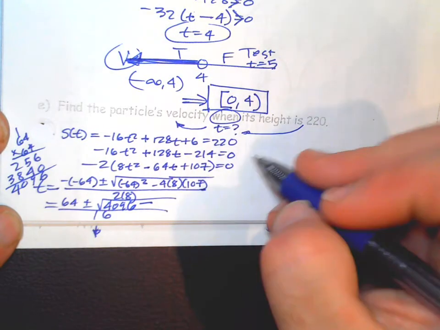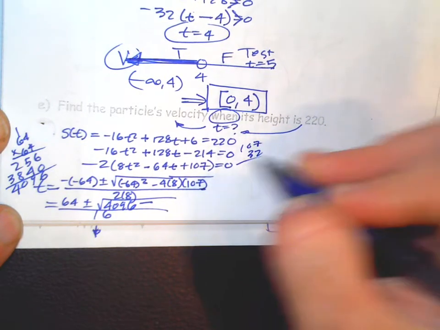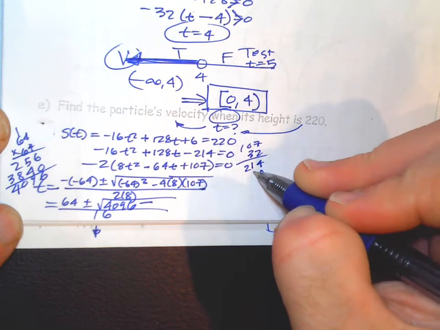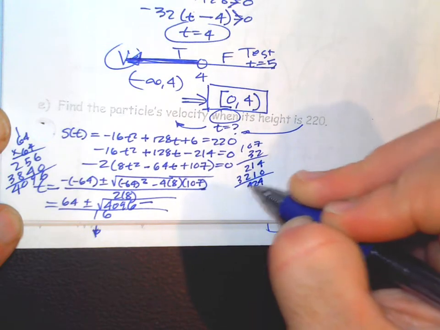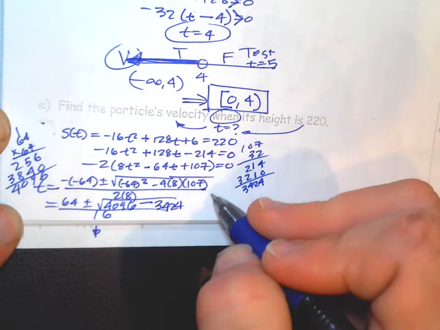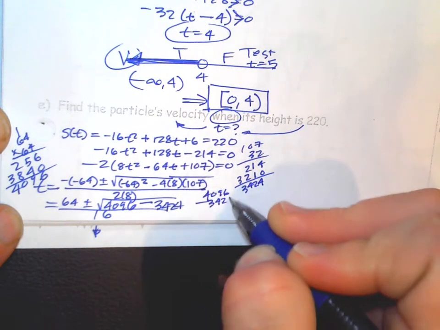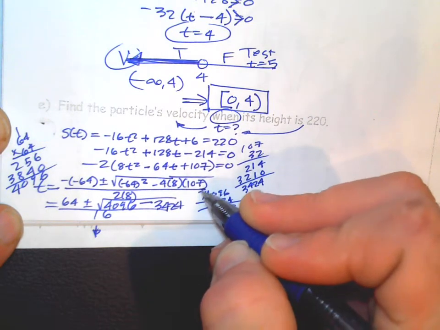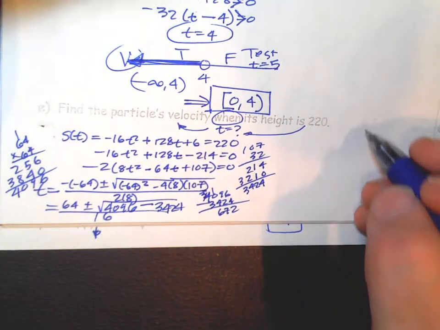Minus 32 times 107, that's 3,424. So what's 4,096 minus 3,424? 672. This is just kind of messy.